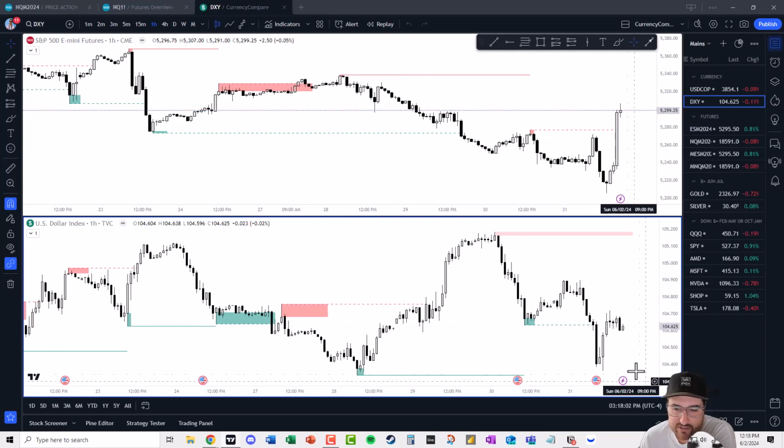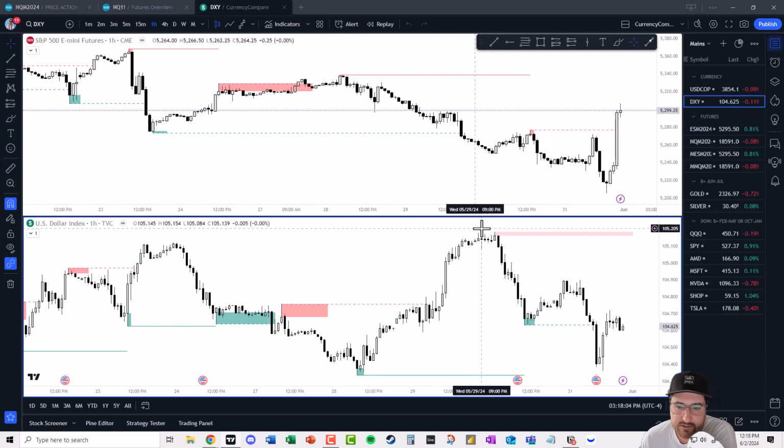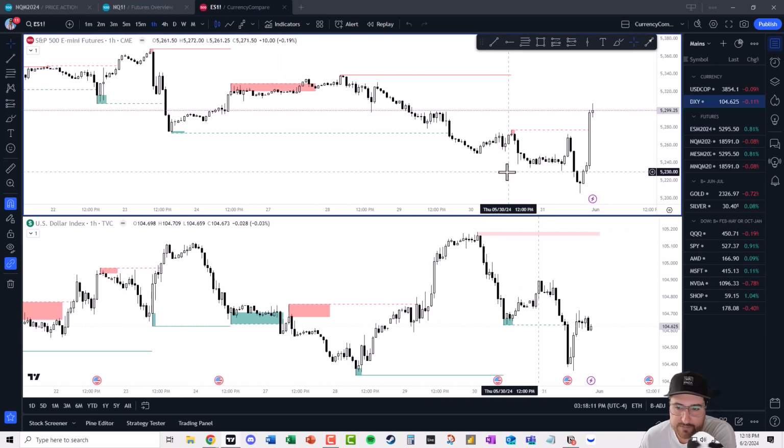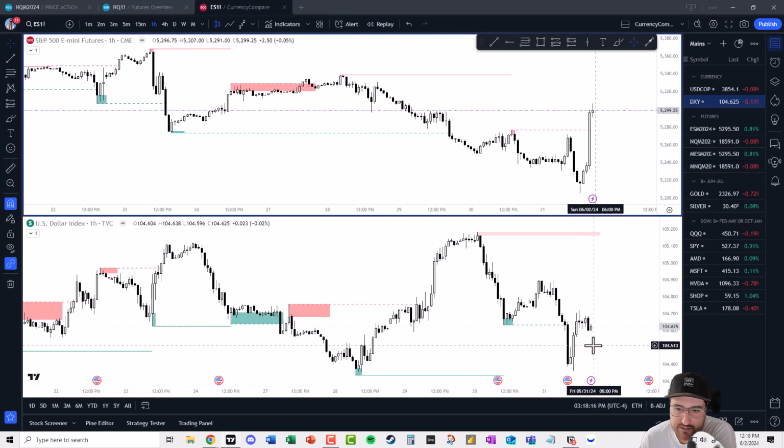So if these are going to continue their trends, this is going to break through this. We had a big explosive power on the S&P 500, so I'm expecting the dollar to start to drop off next week, therefore giving us more of a push to the upside.